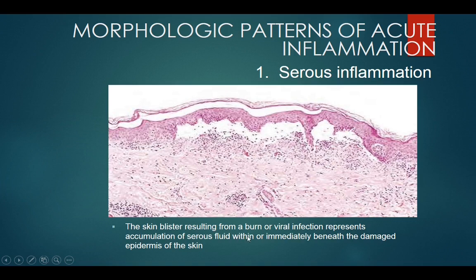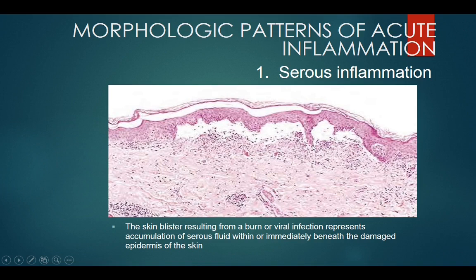A skin blister resulting from a burn or viral infection represents the accumulation of serous fluid within or immediately beneath the damaged epidermis of the skin. If this is the damaged epidermis, just beneath that there will be fluid accumulation, and then there will be recruitment of neutrophils. It is acute inflammation, so neutrophils will come and take part in this inflammatory process.